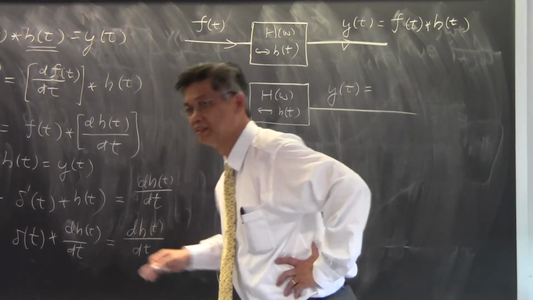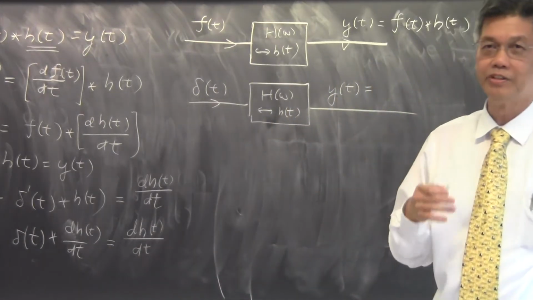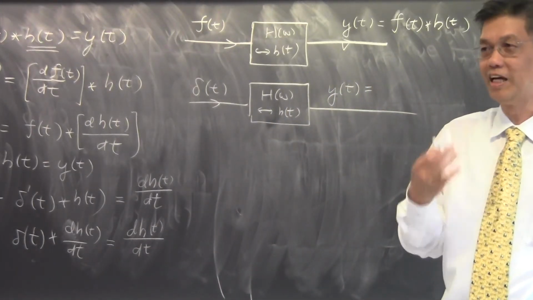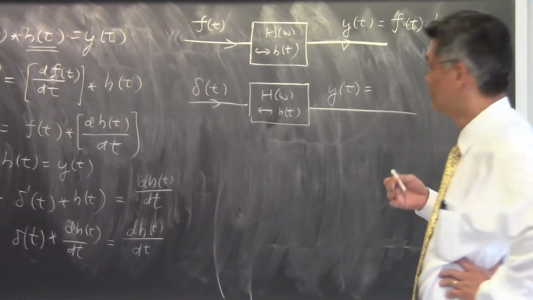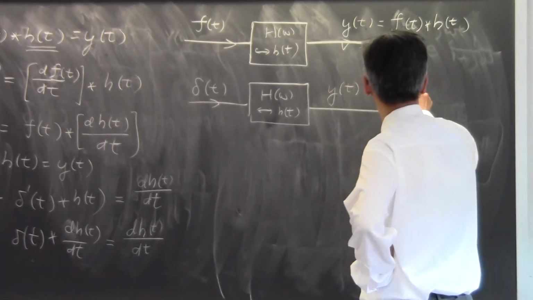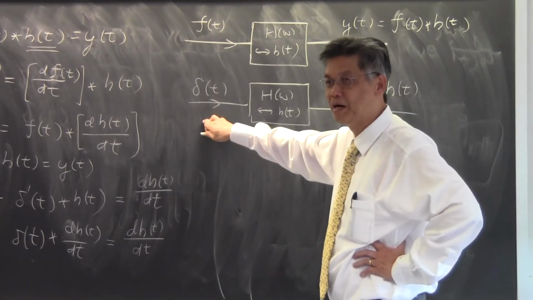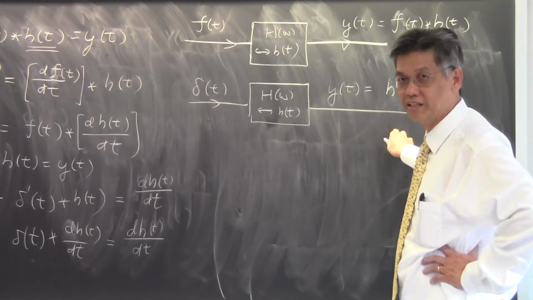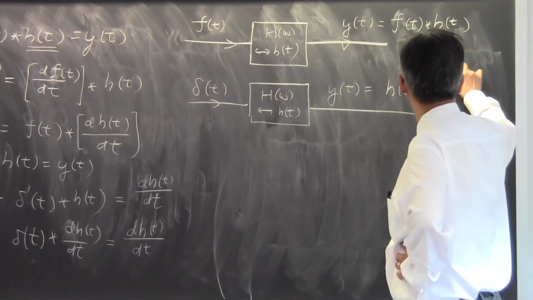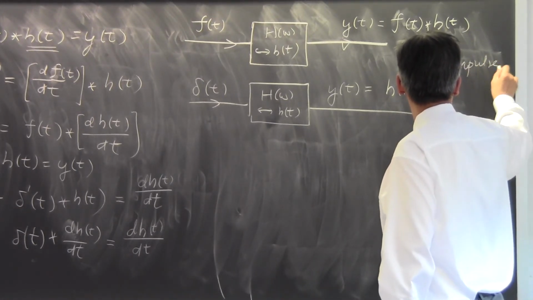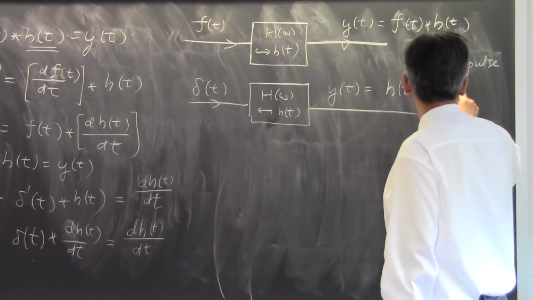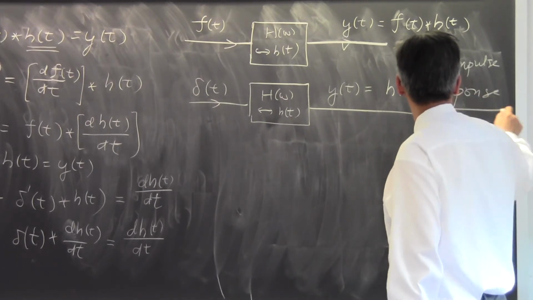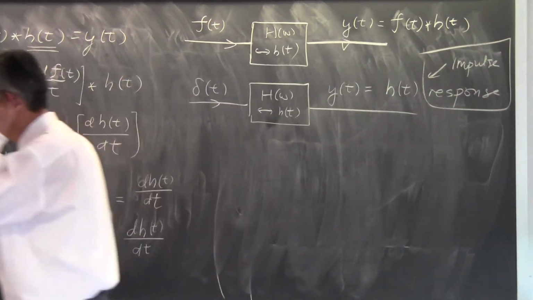Using the property that convolution of a delta function with another function, you know, like the back of your hands, this is just equal to h of t. So when you have an impulse as an input, the output is just h of t. That's why this is called the impulse response.